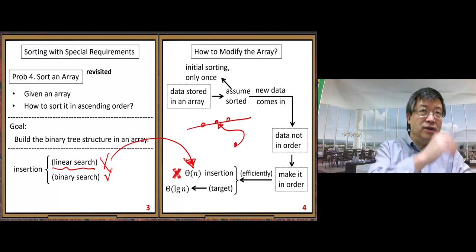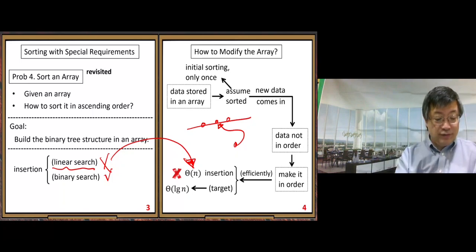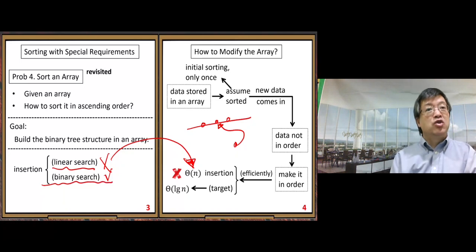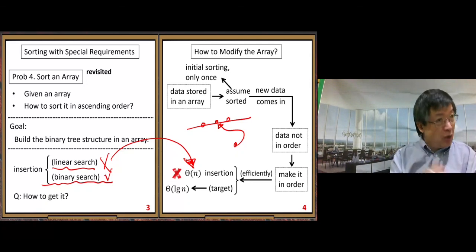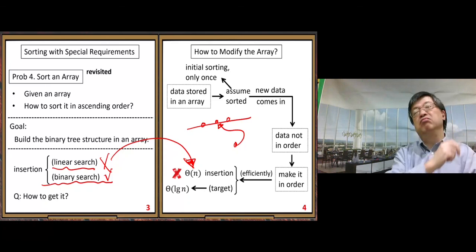All right, so the next question. Now we have some more ideas. The next question is how to make our data structure support binary search type insertion.